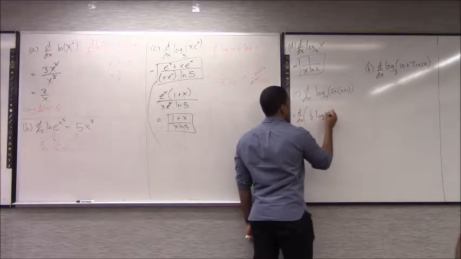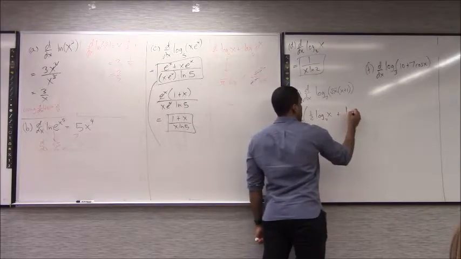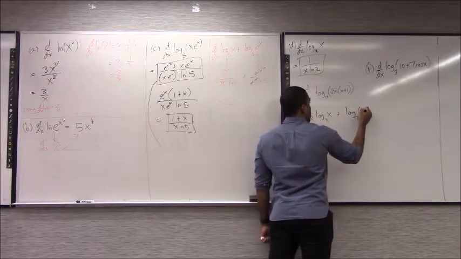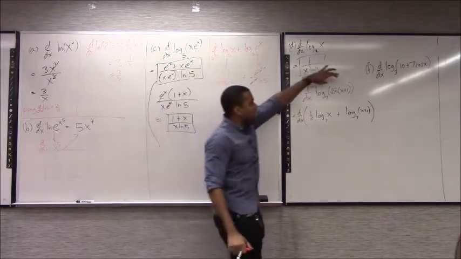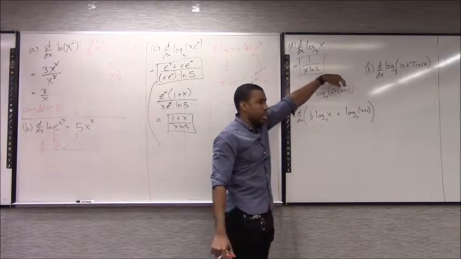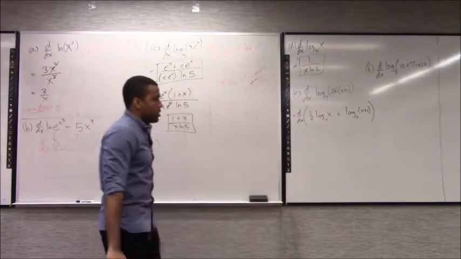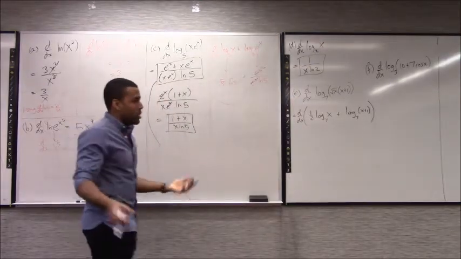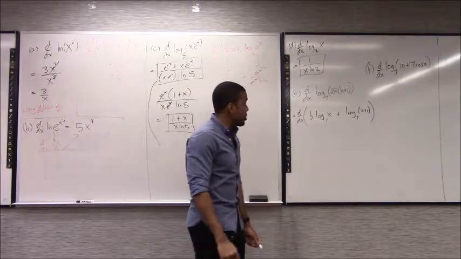Pull out that 1/2 power, and then plus log 7 of x plus 1. You could do the product rule here, or you can write this as x to the half and multiply out, and you get x to the 3/2 plus x to the half. You could do the power rule and get the derivative that way, but having the fractions around is probably kind of annoying.